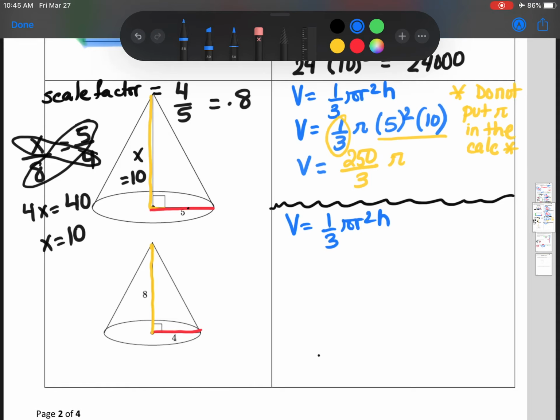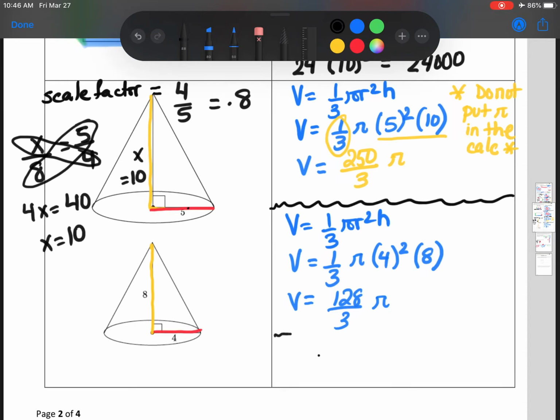Okay, so now similarly try the next one. Volume is 1 over 3 pi. Do not put the pi in the calculator. Your radius is 4 squared and the height of the cone is 8. It was very simple, right? All you have to do is know what to put in. It is 128 over 3 pi.